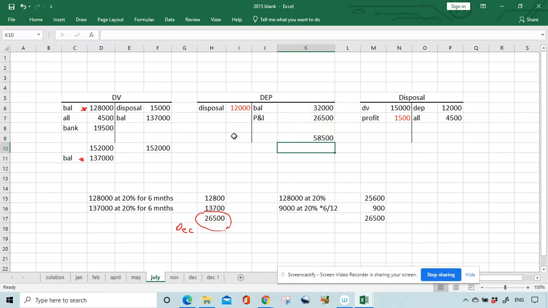I balance this account, and I would have a balance in depreciation of 58,500 minus 12,000, 46,500. You will see that figure when we look at the answer. That will be your total figure in the depreciation. Okay, but I've worked ahead there and gone to December. So just bear that in mind when we get to December.